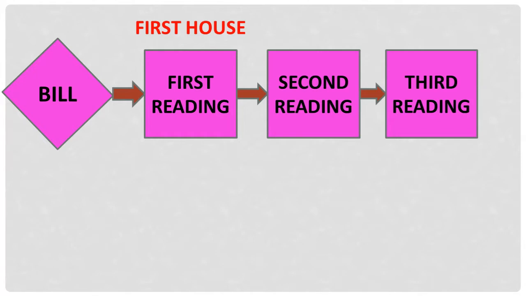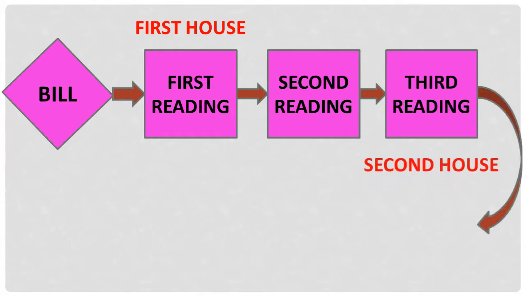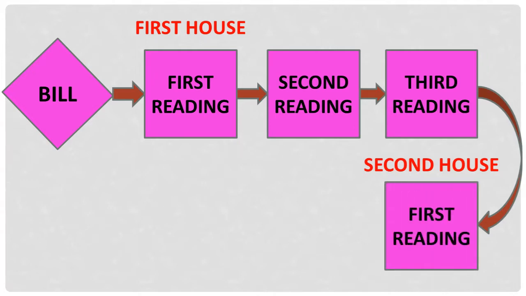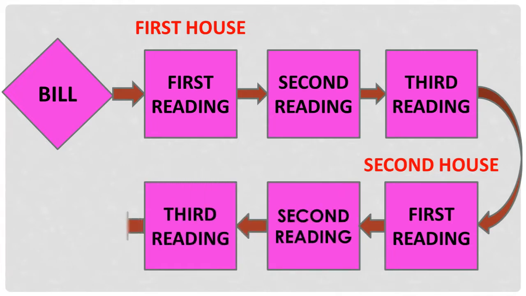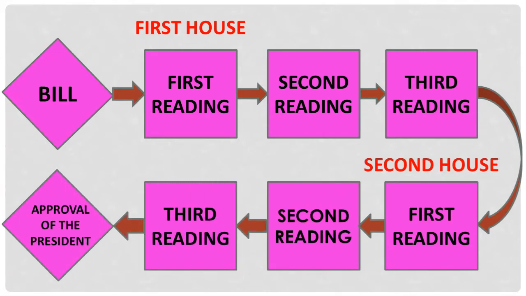After passing the bill in the first house, it is sent to the second house along with the certificate of the presiding officer. Then in the second house, first reading, then second reading, then third reading. After the bill is passed by both houses, it is sent to the president for approval.